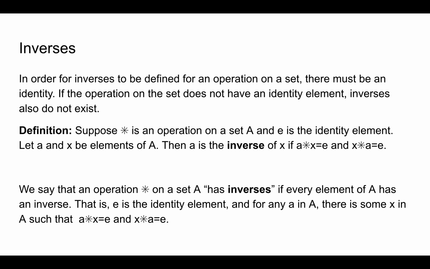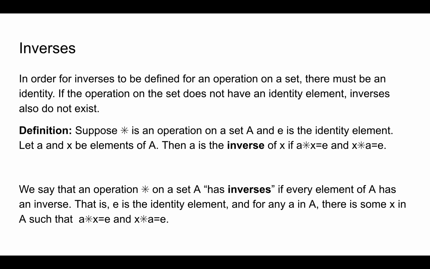We say that an operation star has the inverse property if every element of A has an inverse. That is, E is the identity element, and for any A in A, there is some X in A such that A star X is equal to E and X star A is equal to E.